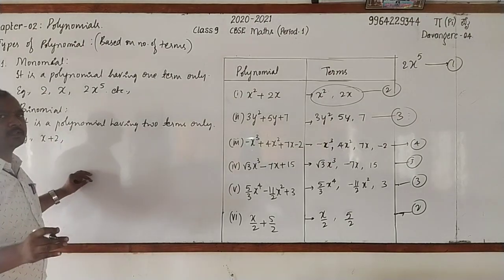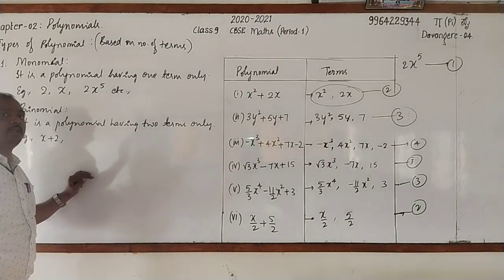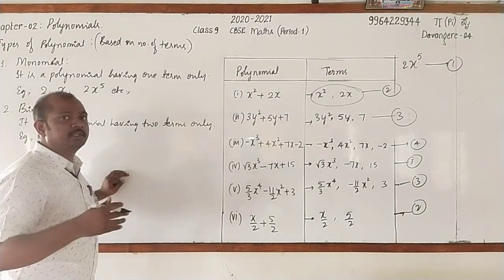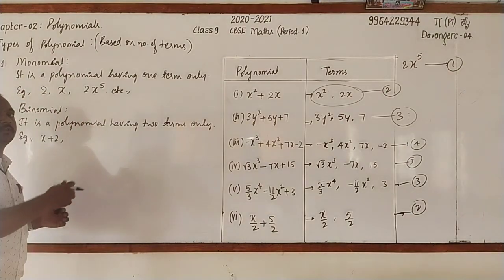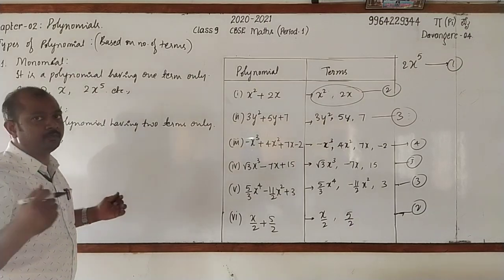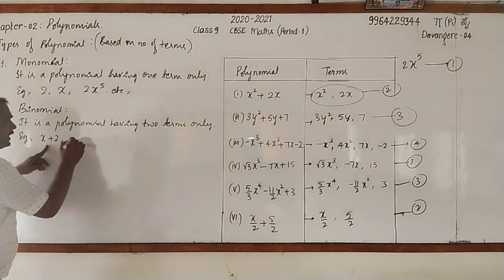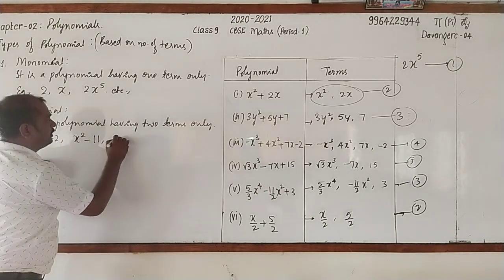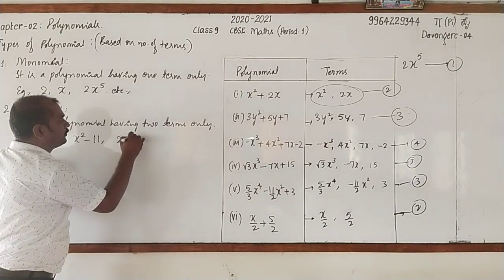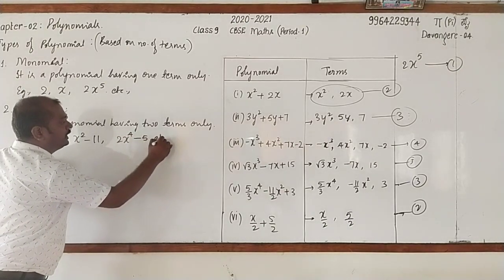Most of the examples I have been using the variable x, because you find it easier to follow. In further problems, we will go for using different variables. x plus 2, x square minus 11, then 2x raised to the power 4 minus 5 and so on.